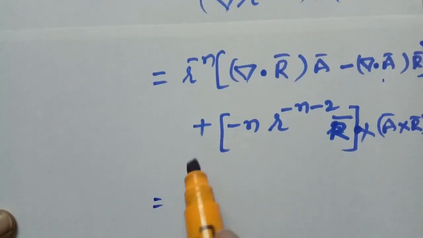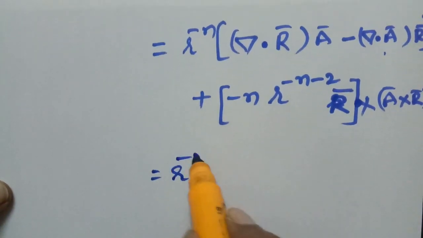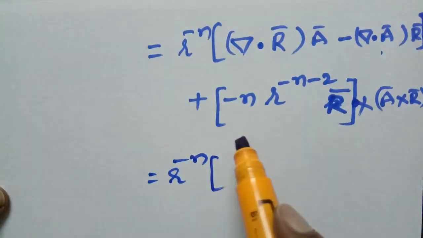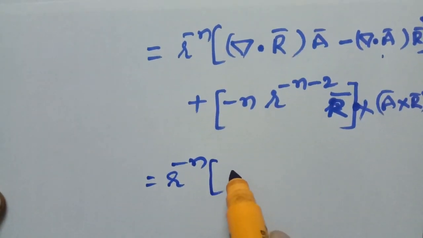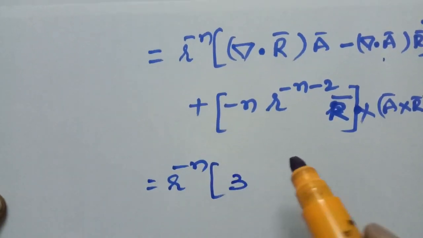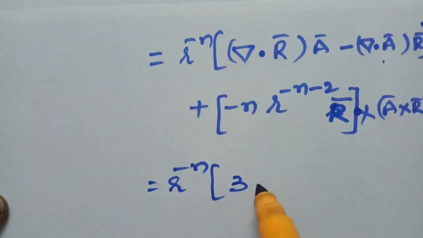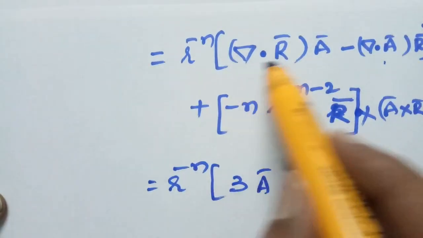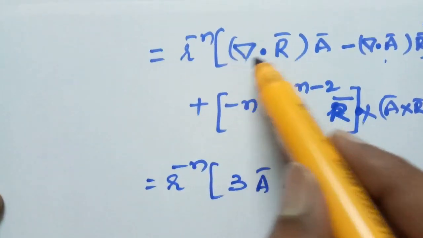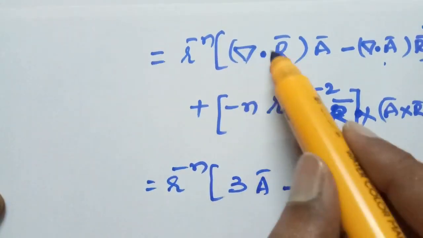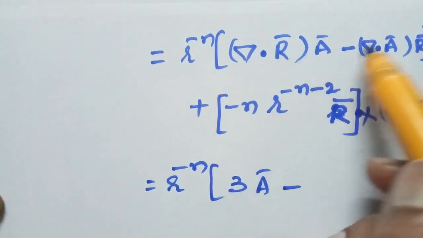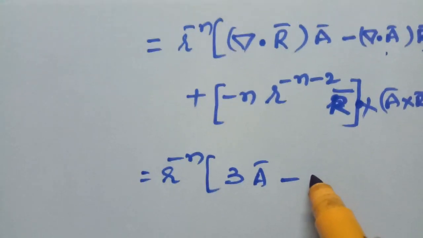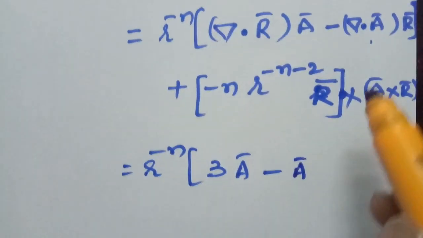Therefore, this can be written as r power minus n into del dot r bar. This is 3 into a bar minus, this is del dot r bar means div r bar. We already proved in the previous problem also, del dot a bar into r bar is equal to a bar.